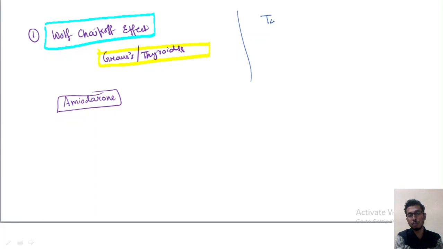We can see that T4 level will increase as T4 to T3 conversion is decreasing. T3 will become low, and in response to this, TSH will increase. Now this is the initial effect, but after some time the Wolff-Chaikoff effect passes away and the body develops an escape phenomenon to it. Alright.